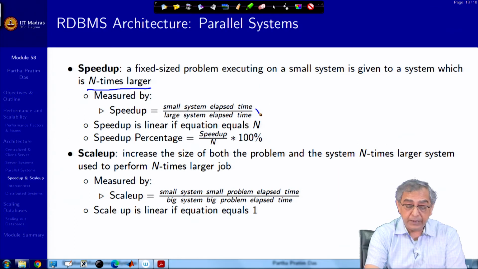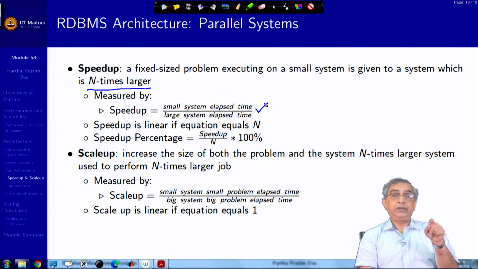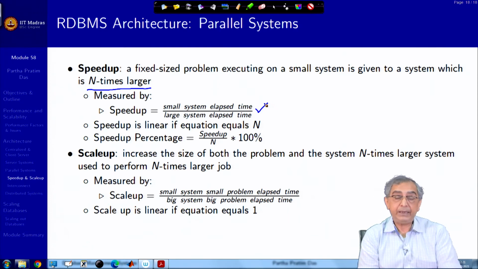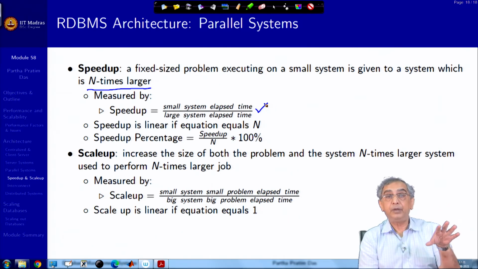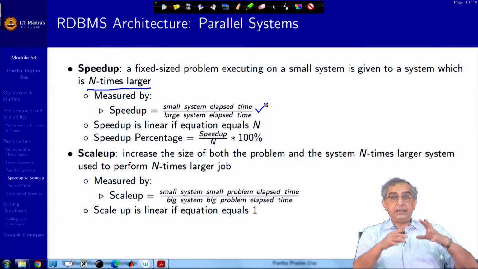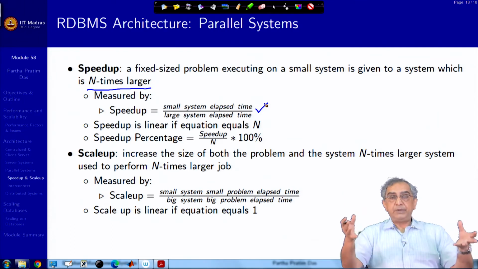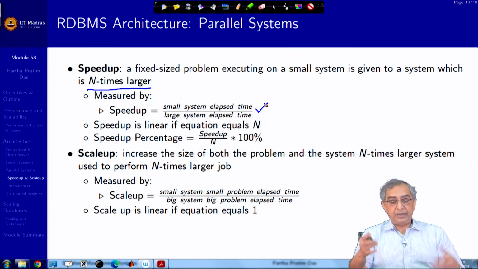Now, the speed up is, for that fixed size problem, the time that you take to execute it in the small system and the time that you take to execute it in this n times larger system. If you take their ratio, then you call it the speed up. Naturally, since the system is n times larger, the maximum speed up that can be achieved is equal to n.